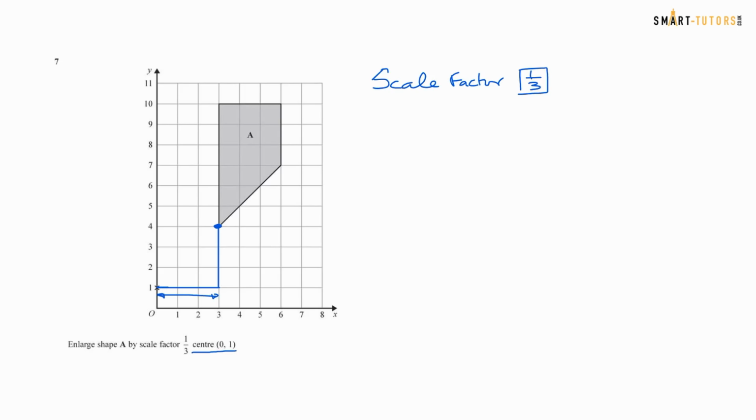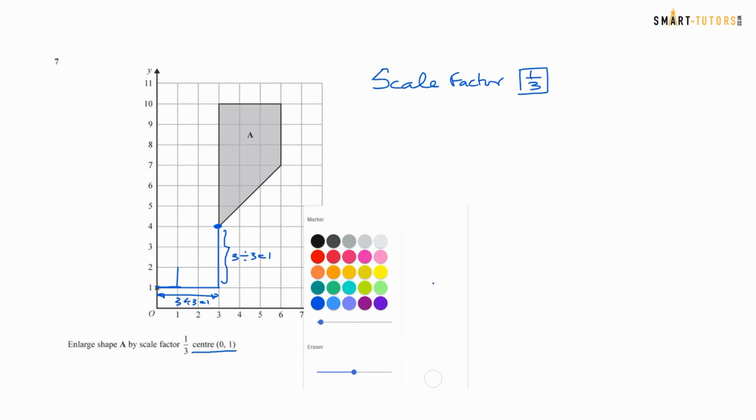The scale factor is 1/3. So divide by 3 is 1 unit. Then the y distance, I traveled 3, so again 3 divided by 3 is 1. So this 3 travelling becomes 1, and again from there 1 up.